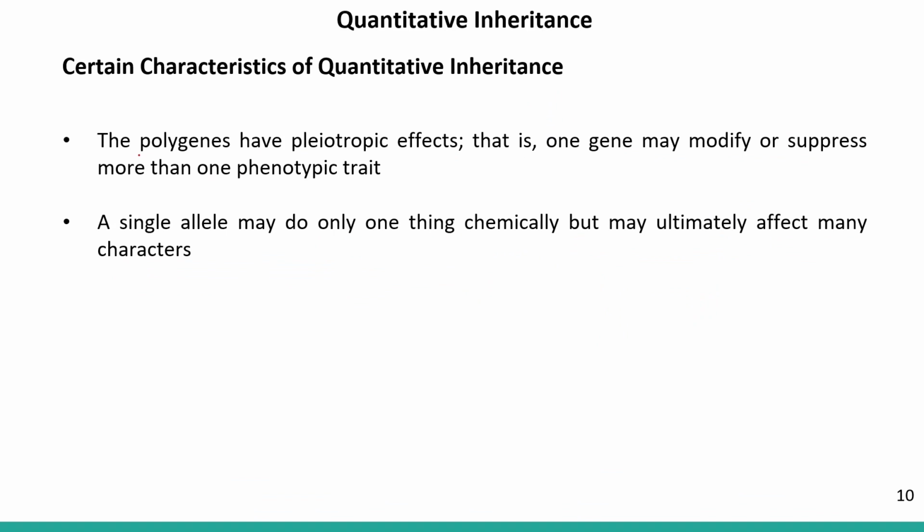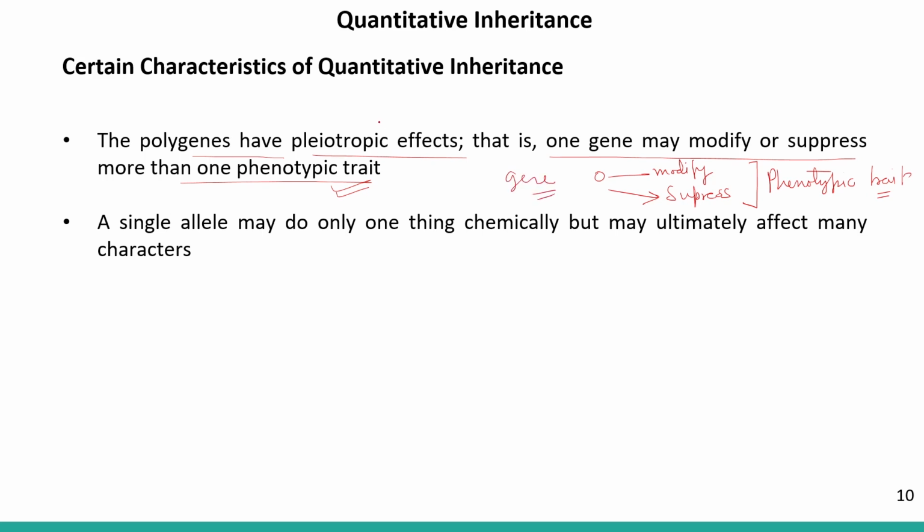The polygenes have a pleiotropic effect, in that one gene may modify or suppress more than one phenotypic trait. So one gene can modify or suppress the phenotypic effect of a trait or character. This is showing the pleiotropic effect.